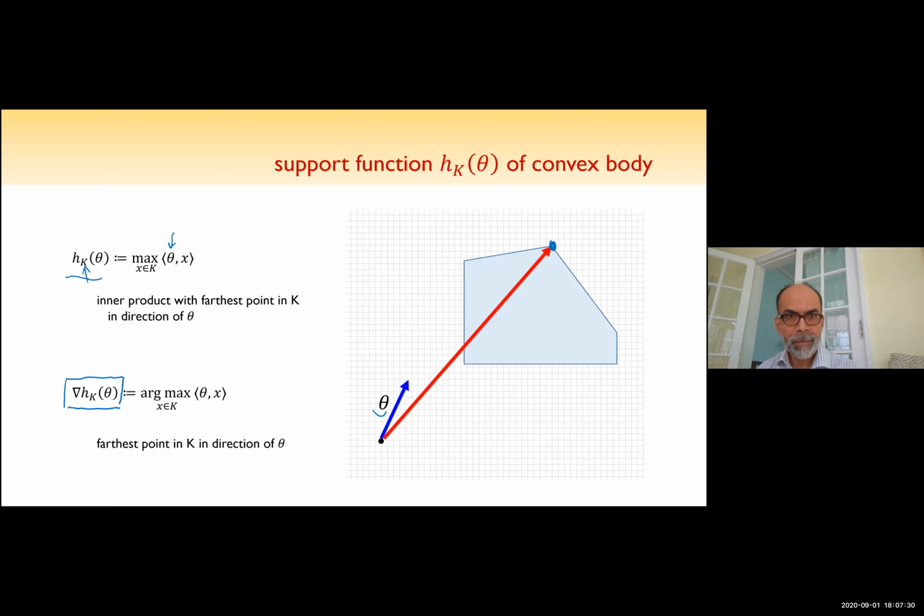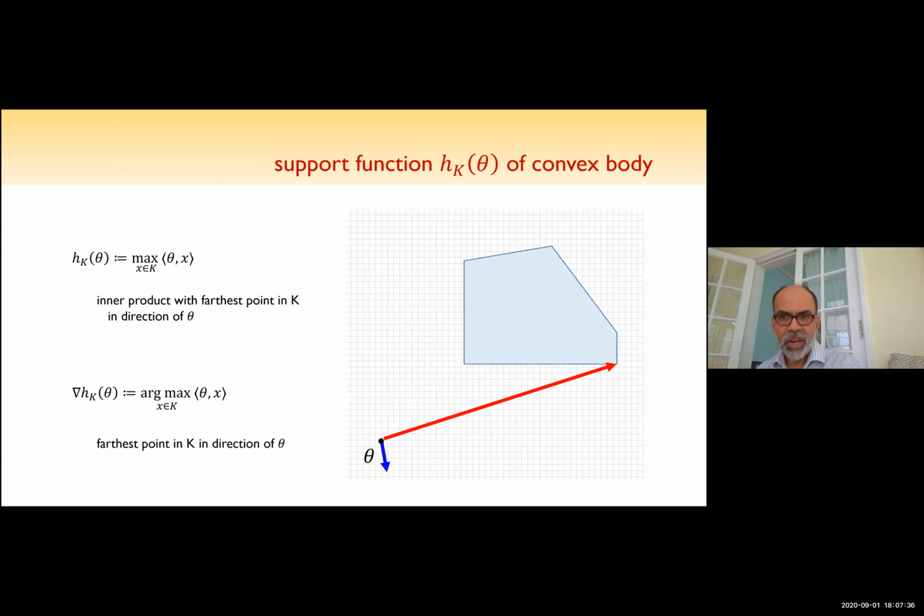This is just a definition. Let's make sure: if I change theta, the gradient of h_K of theta moves to that point. If I change this theta, nothing really changes because the maximizing corner in that direction remains the same. If I change it there, it moves there.